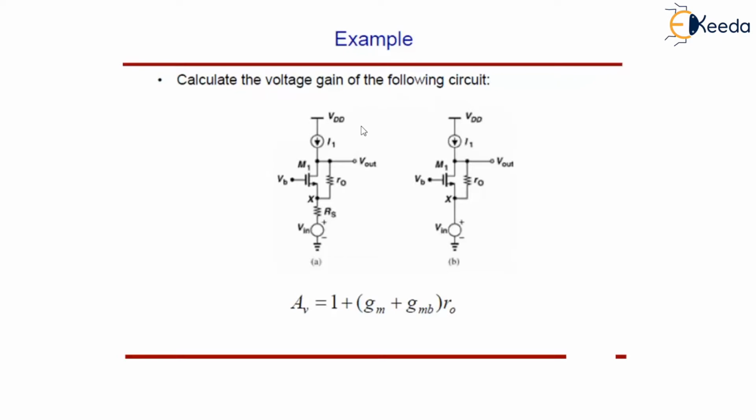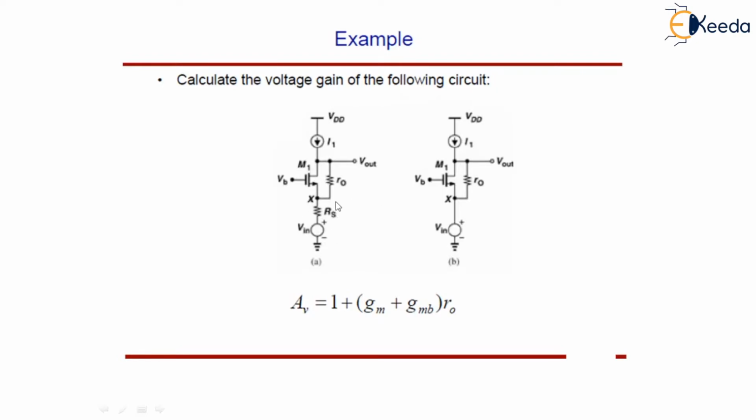Now we need to find the voltage gain of this particular circuit. This is the same circuit. Here we have not applied any load impedance at the drain terminal. Again, this is the current flowing through the M1 transistor, and the current flowing through the source terminal cannot change anything in transistor M1.